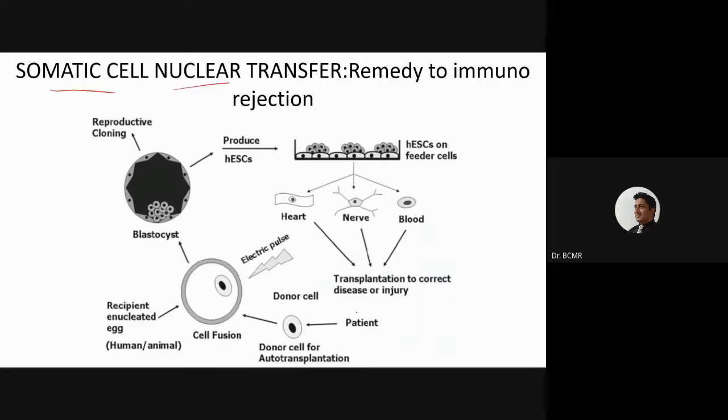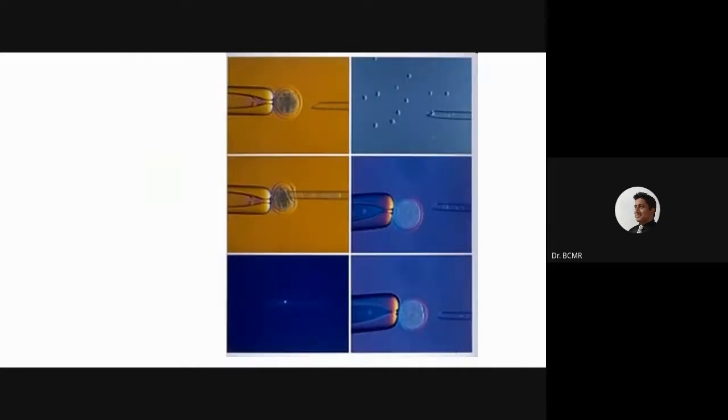That is, we are solving this problem by taking the patient's nucleus and developing embryonic stem cells, deriving whatever cell type we want and then putting it into a patient. So these cells will have absolutely identical genotype as that of the patient, and therefore there will not be any immunorejection. That is one of the points of it.